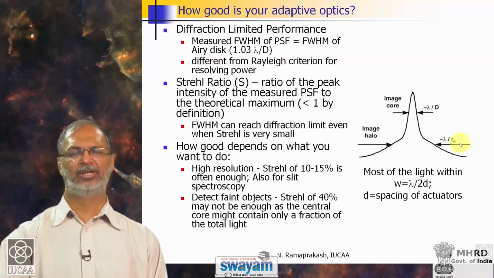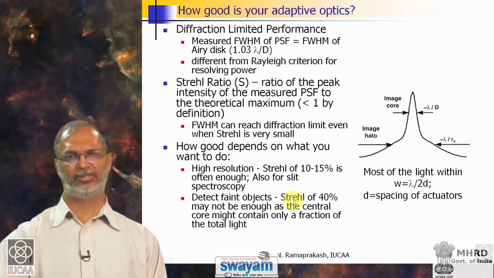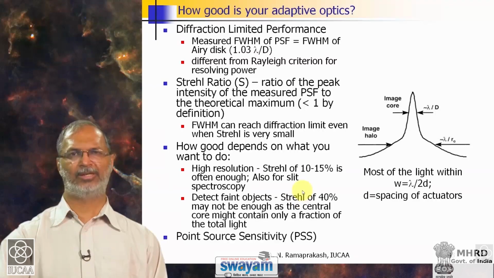We do not want a lot of light to be lost in the wings of the image, and to be concentrated not only in the central image, but also a good fraction of the light should be collected, and that means a very high Strehl ratio is also required. So, depending on what kind of science or astronomical observations you want to do, you have to emphasize whether you want a high Strehl ratio or high diffraction limit or a combination of both, and so on and so forth. So, I will come to this point a little later.